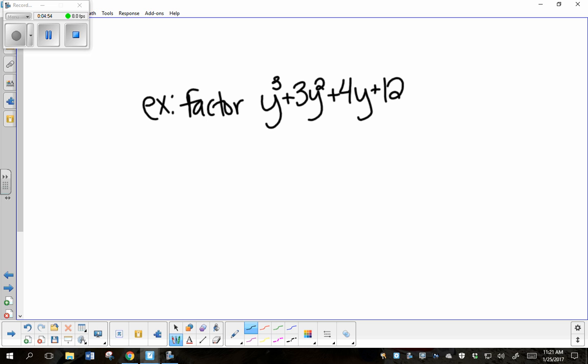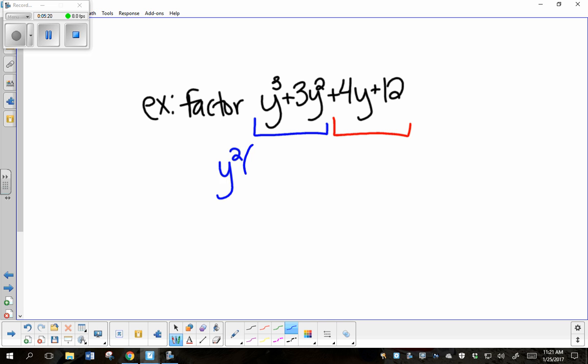So what we're going to do is think of this as being broken up into two pieces. I'm going to think of the y to the 3 plus 3y squared separately from the 4y plus 12. First, let's just factor the part that I underlined in blue. If I look at y cubed plus 3y squared, I can factor out a y squared from each of those.